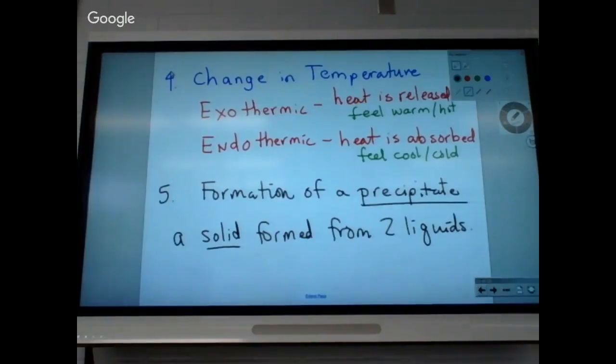All right. Sugar dissolves in water. That's physical. Wood rotting. This one has more than one. It is chemical. What indicators do we see? You will probably see color change. There's another one that's pretty obvious, I think.